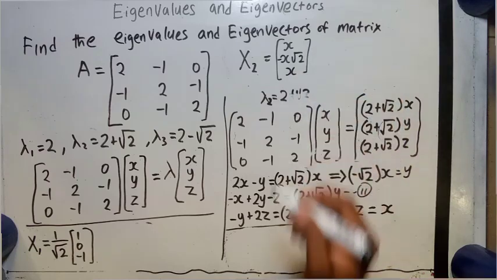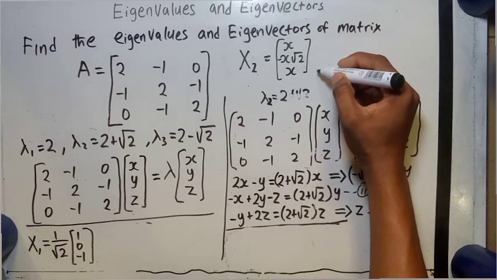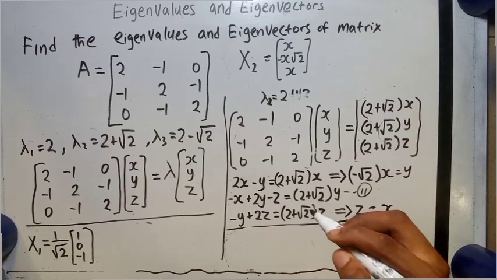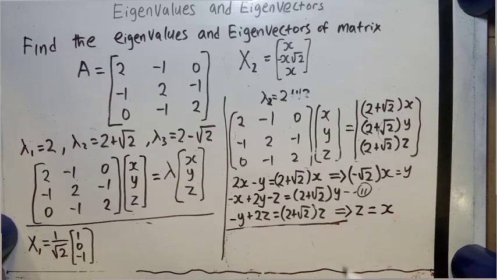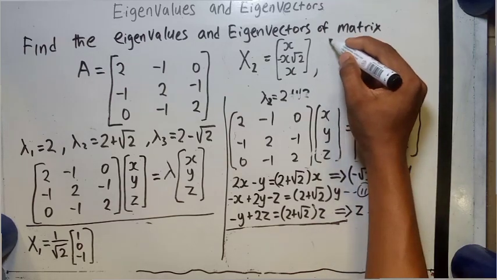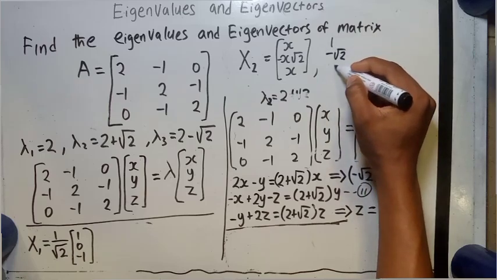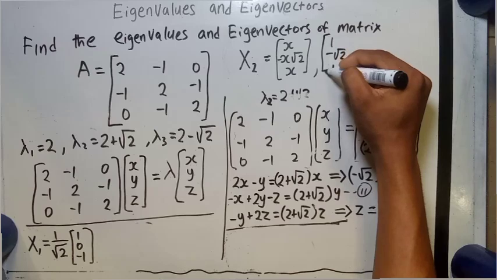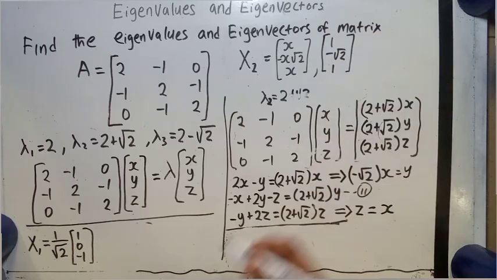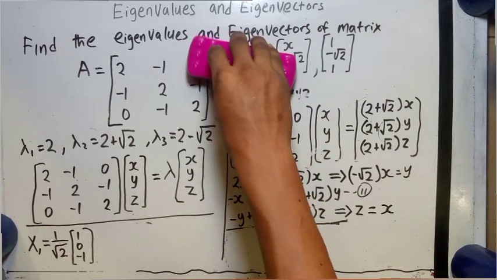X. So substituting our 1, we'll be having 1 minus root 2 1. You still have to normalize that. At this point, something has to go. Let's get this guy off.